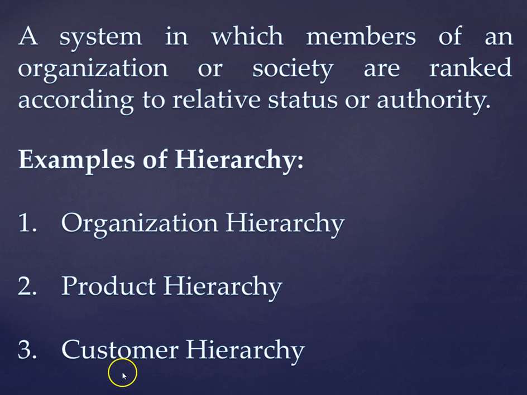The third one is the customer hierarchy. Some companies use a complex customer hierarchy, where they have a complex system in place. Let's say we have a very big company, for example HSBC Bank, which has its headquarters in the UK but has different subsidiaries all over the world.